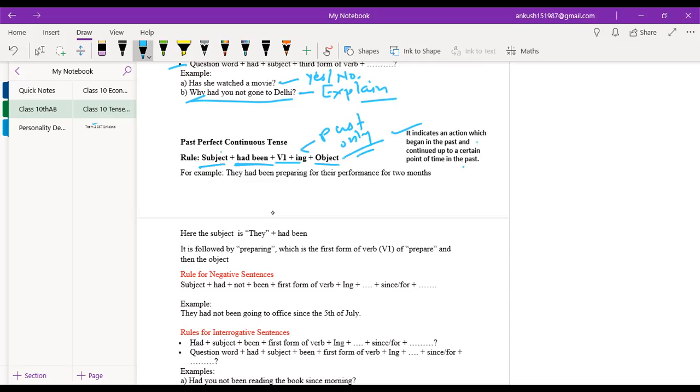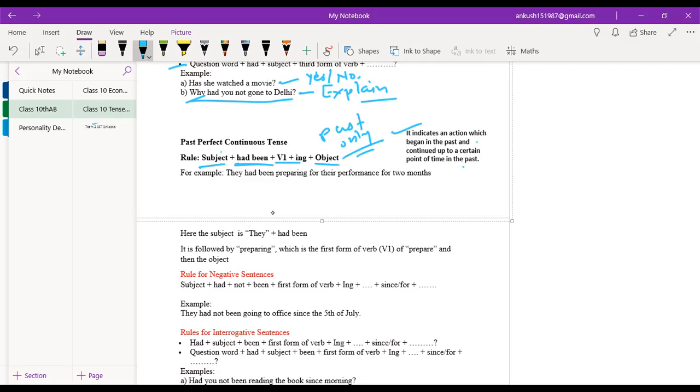It is not persisting here in the present, and it would not be persisting in the future as well. So that was started, and continued up to a certain point of time. For example, they had been preparing for their performance for 2 months.